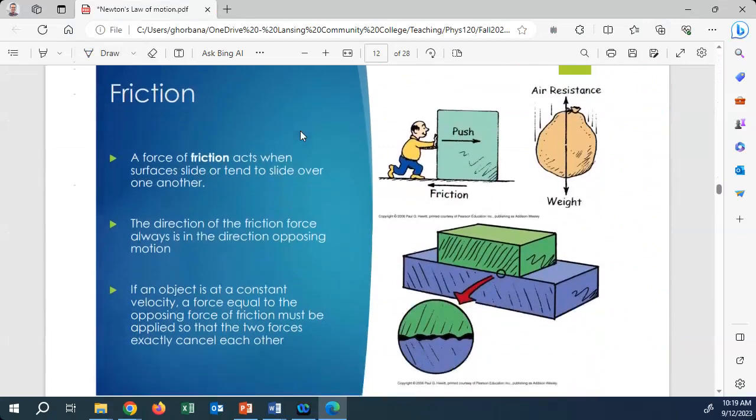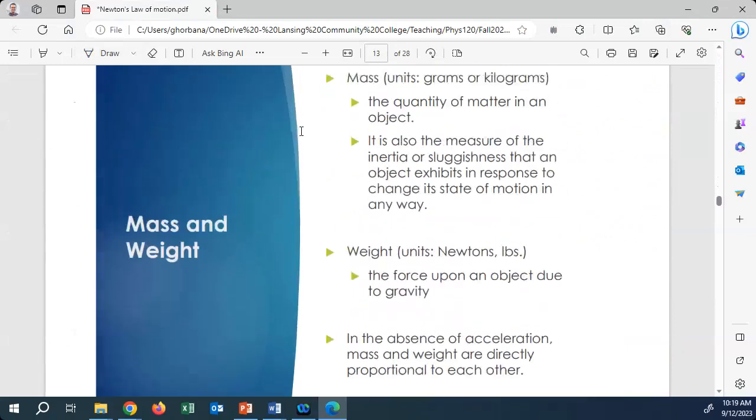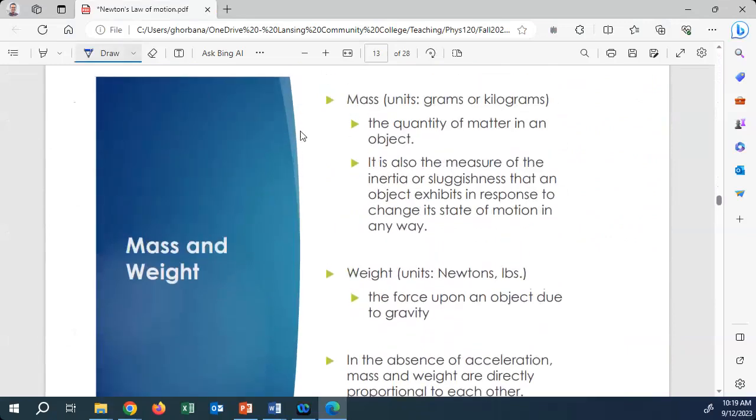Friction, we already talked about friction. Good. No need to explain. Mass and weight, okay. We know that mass is in kilograms. Weight is the force of gravity. Yes? How can we calculate the force of gravity or weight of the object?